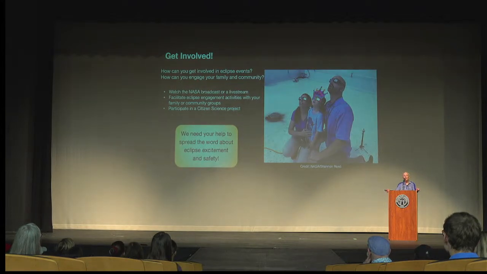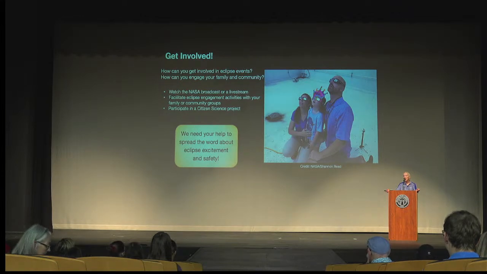So NASA wants you to get involved. How can you be involved? Well, one thing you can do is talk about what you've learned here today, and with the handout that you have, along with your solar viewing glasses, we're trying to avoid using the word eclipse glasses, because you can use those to look at the sun at any time.